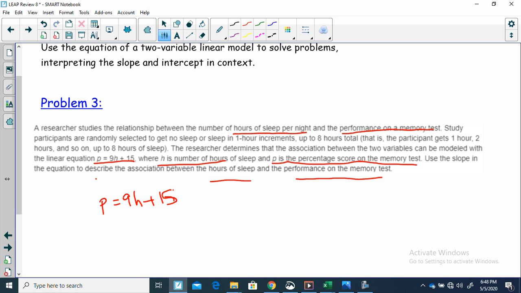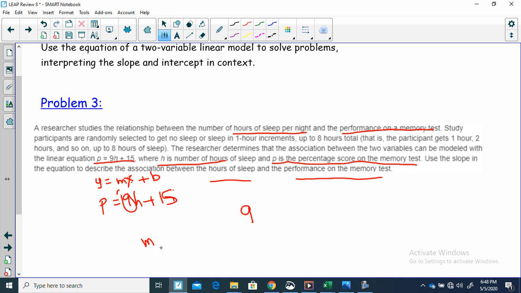When we look at a linear equation, y is equal to mx plus b. We know that our slope here is 9. Now, when we're talking about this, H is our number of hours, okay? That's basically our X. Y is our percent correct.